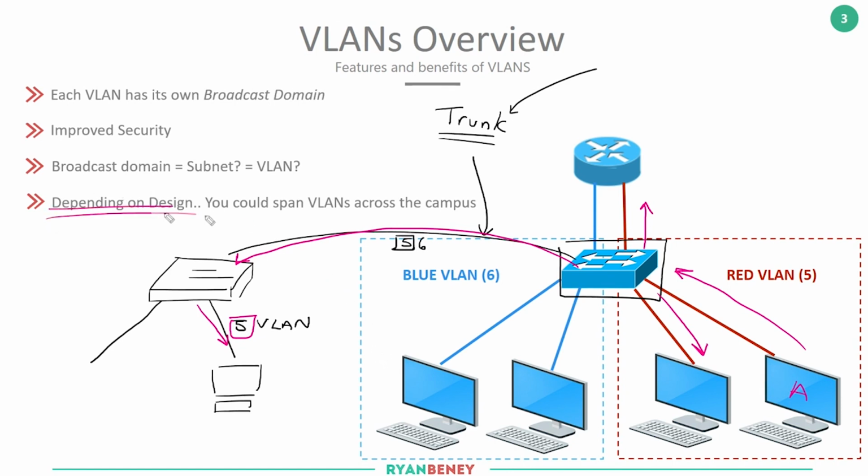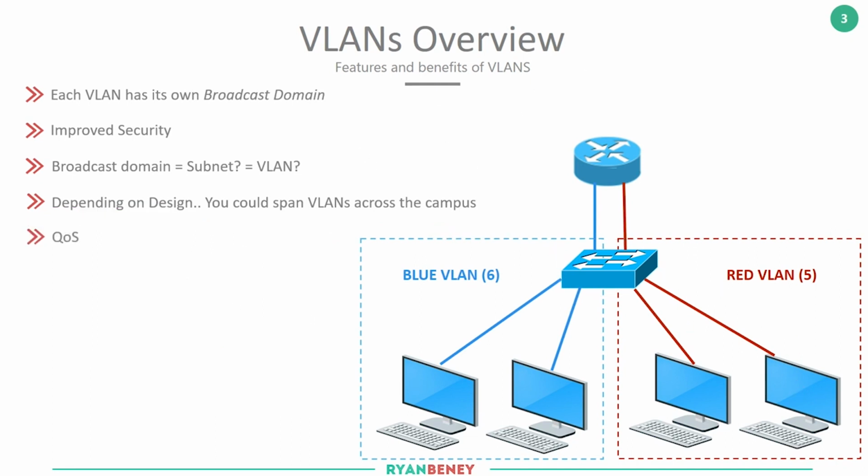And this depends on the design of the VLANs that we have set up. But this helps us get around that limitation that we had around the physical location of individual employees across the network.